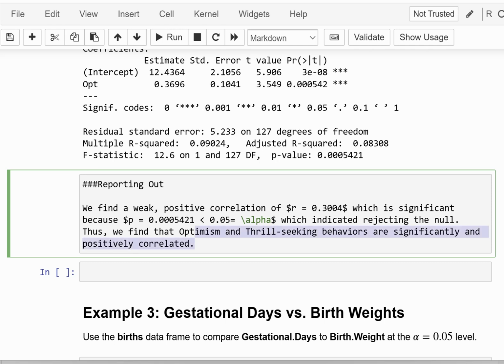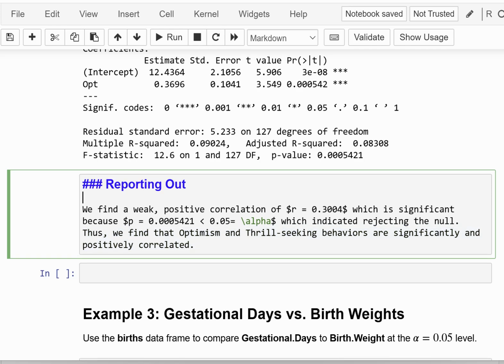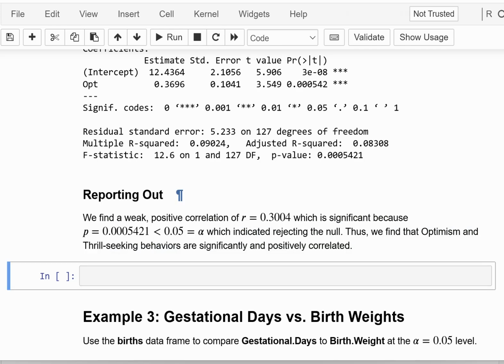Okay, so this last sentence just wraps it all up in terms of the research that we did. This is kind of amusing. Why are thrill-seeking behaviors and optimism correlated? Is that because people are optimistic about making it through the thrill-seeking successfully with no injuries? I don't know. It's one of these things that has always been pretty amusing to me. But there you go, reporting out.